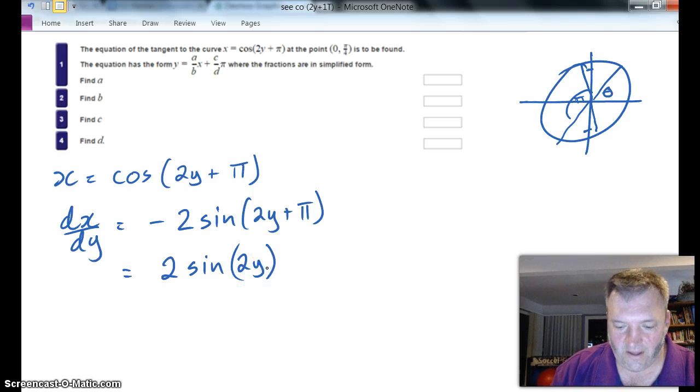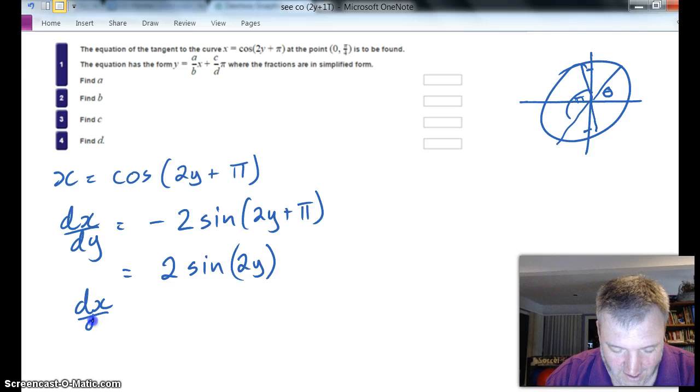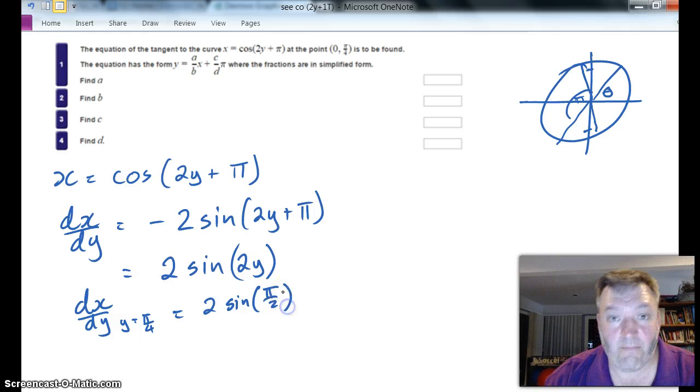Now we're getting somewhere. They've told us a point to sub in. The point they want us to sub in is the point (0, pi over 4). This is in terms of y, so we've got to sub in the pi over 4, not the 0. Be careful when you do that. So I've got dx/dy when y equals pi over 4 is 2 sine of 2 times pi over 4, pi over 2.